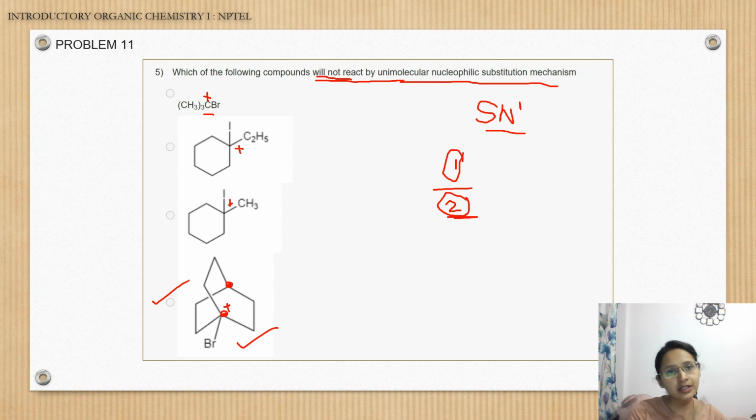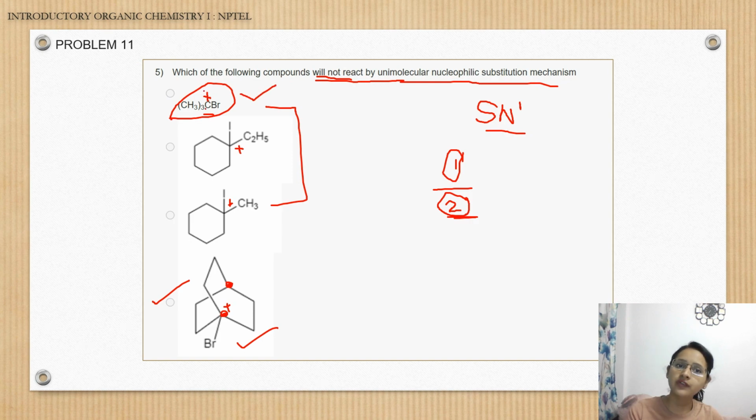The stability order is tertiary carbocation, secondary carbocation, and primary carbocation, right? So there is no change in the case of SN1, but you have to see which carbocation is getting generated. So among these three, the first will be the very fast going substrate for SN1. It will give you the SN1 reaction very readily because of the presence of the tertiary carbocation here, right? Is it clear now?